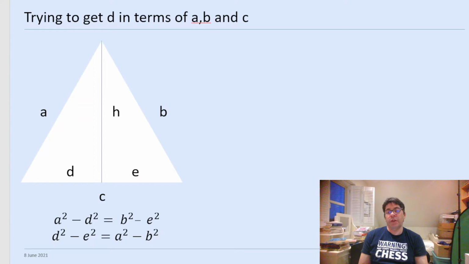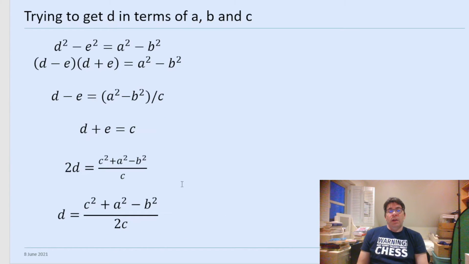This is very useful, because by difference of two squares, d squared minus e squared equals (d minus e) times (d plus e), and so that equals a squared minus b squared. Then we're going to divide through by d plus e, which is c. So d plus e drops out, because d plus e equals c.